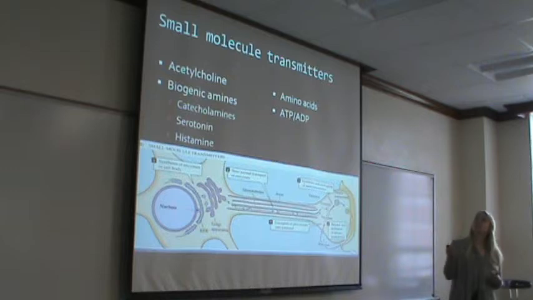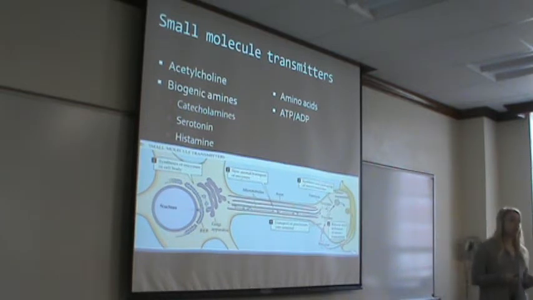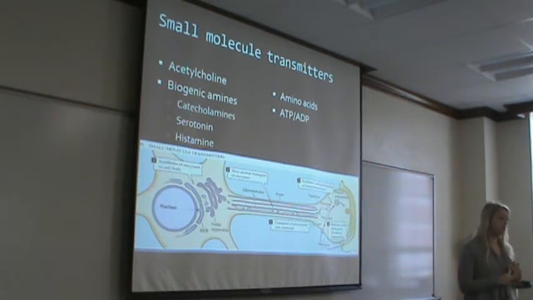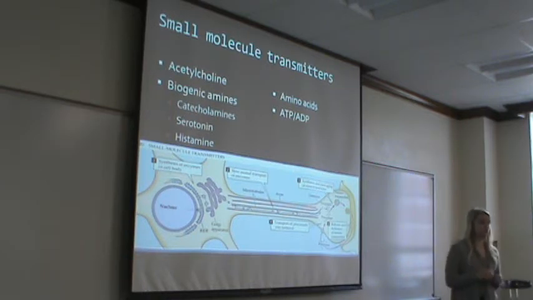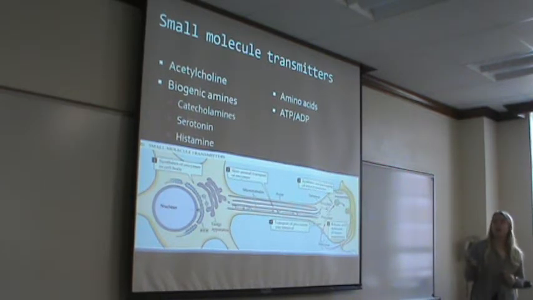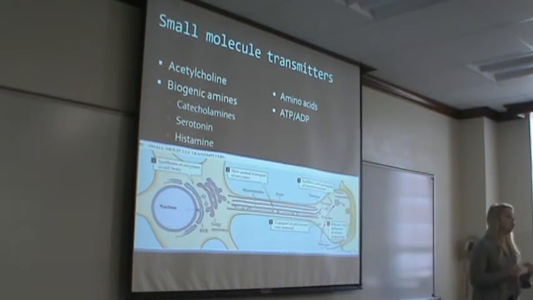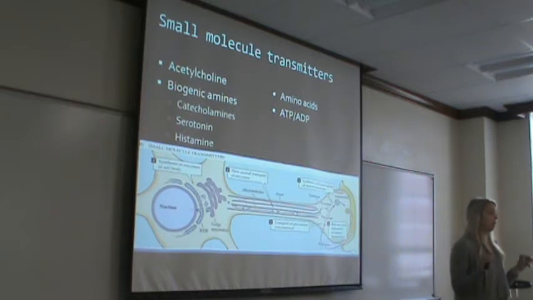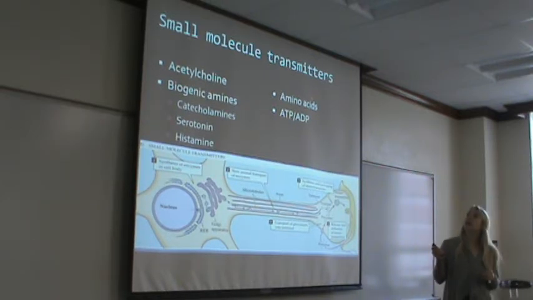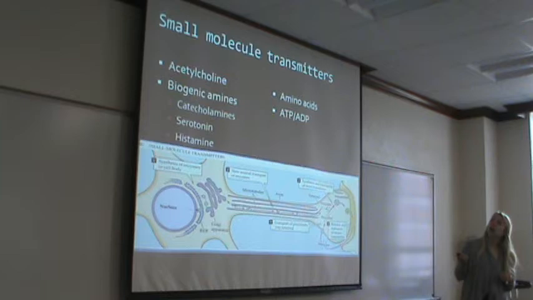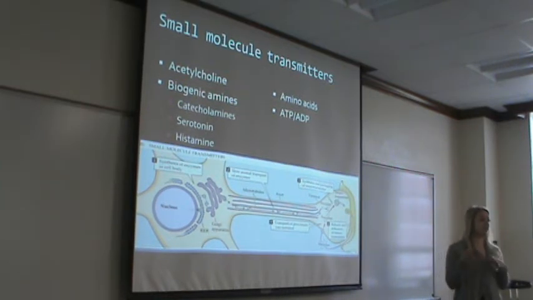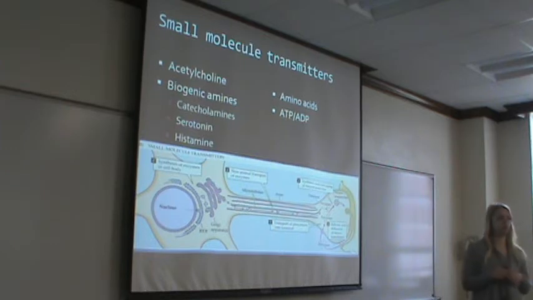And you should know the difference between small molecule transmitters and neuroactive peptides, so be sure that you can distinguish between the two. Neuroactive peptides are going to be your hormones. There are slides covering those. There's a slide about the neuroactive peptides that will tell you the differences between them, so focus on that slide.